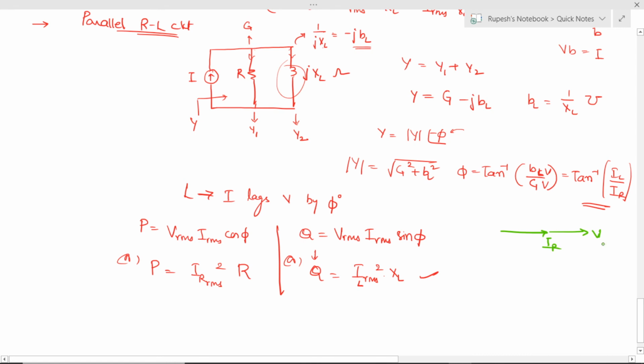In this case, VR and VL are the same; let me take it as V. The current through the inductor lags the voltage by phi degrees, so IL is below V. The resultant current will make an angle phi with the horizontal, and its magnitude is the root of IR square plus IL square.